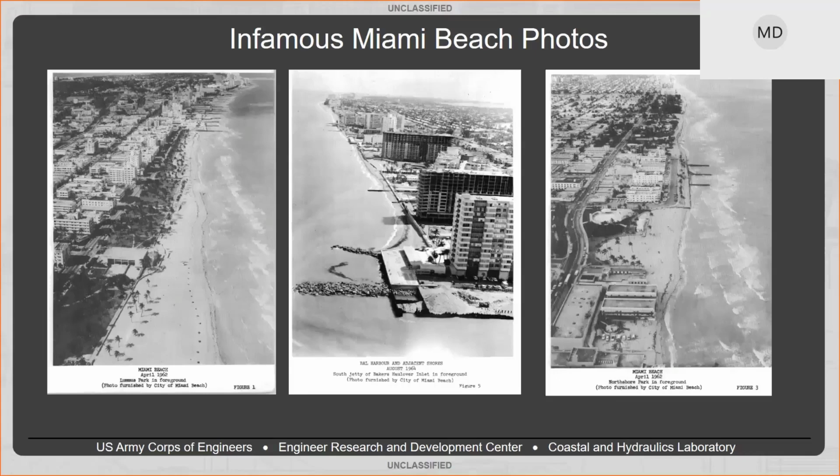And so what we're trying to find out with our analysis for Dade right now is, regardless of who's paying for it, what's the most economical plan over a 50-year period of analysis.